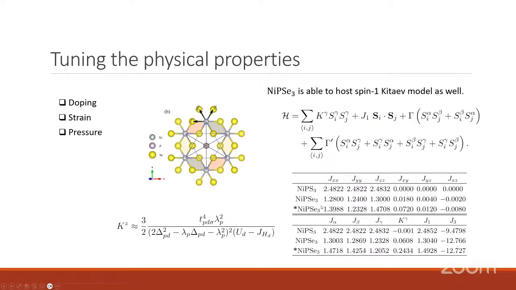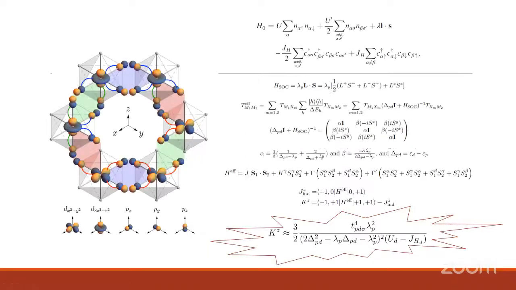However, when we manually increase the spin orbital coupling on the ligand side, a finite off-diagonal term and also the Kitaev term emerge from the DFT simulation. So they all tell us that the spin behaviors can be engineered by simply chemical doping, or replacing some elements in the same structure with the same lattice group symmetry.